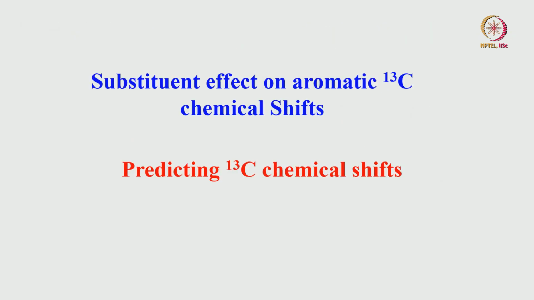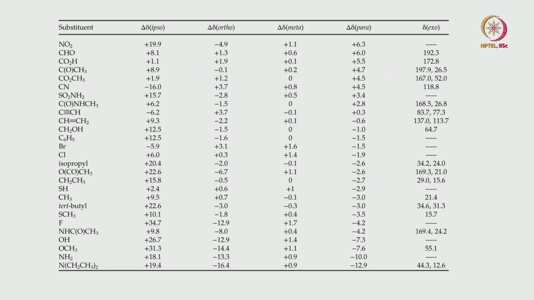But there is a way to predict the carbon 13 chemical shifts. This is what is called the effect of the substituent on aromatic carbon chemical shifts. Depending upon the type of substitution you have, different chemical shifts, especially for aromatic carbons, we can easily predict. Very simple rule, like we can do for the protons, we can also do for the carbon 13.